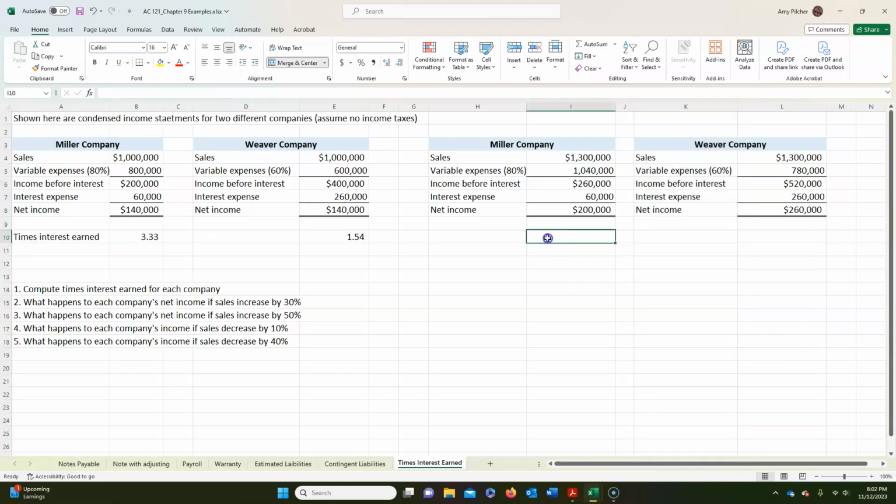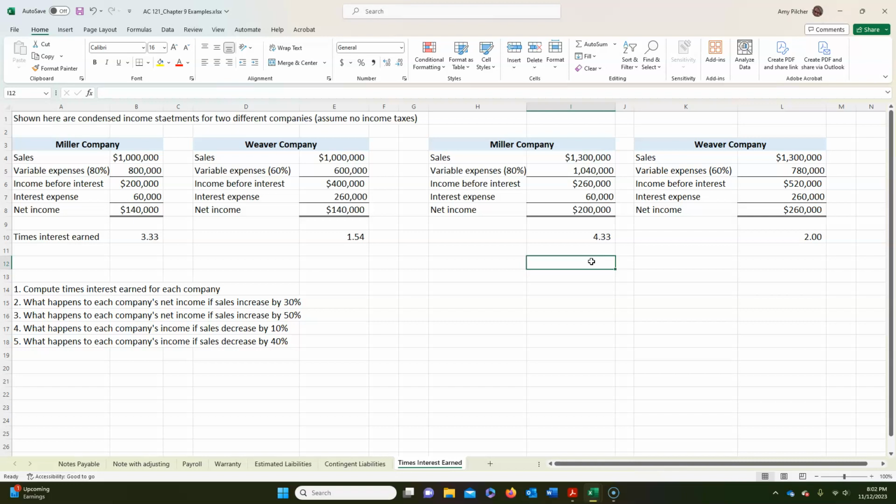So then what happens to our times interest earned? We take income before interest divided by interest expense. Okay. So now we see that it improves for both companies.